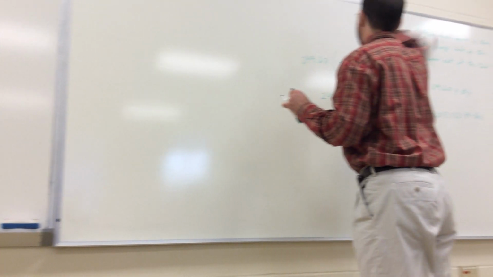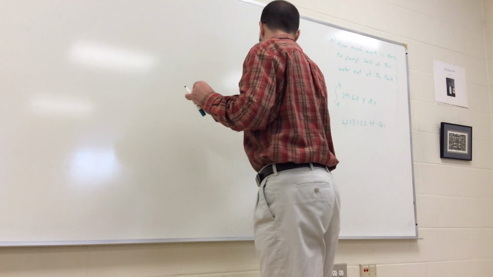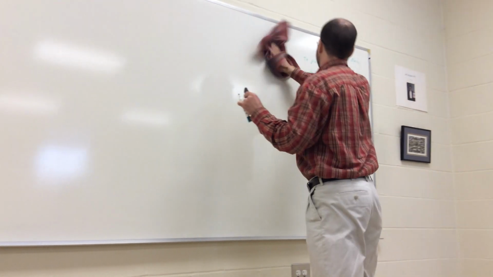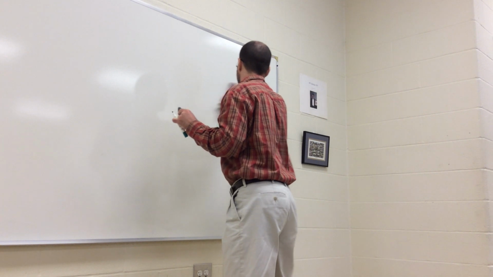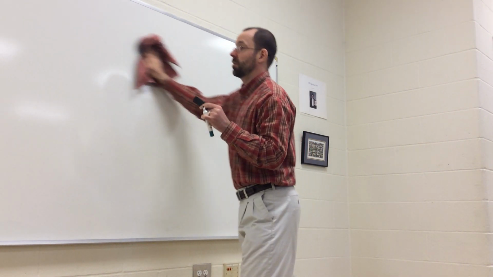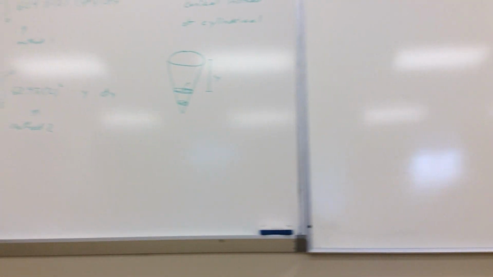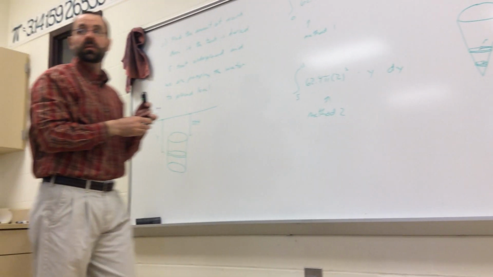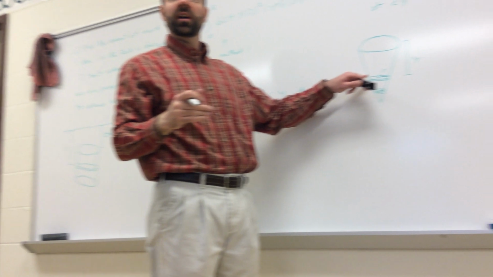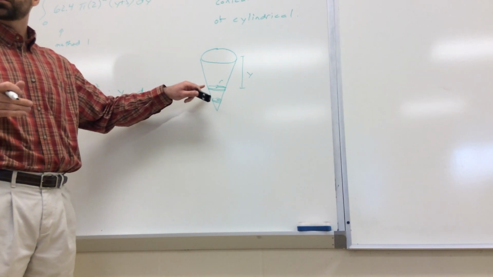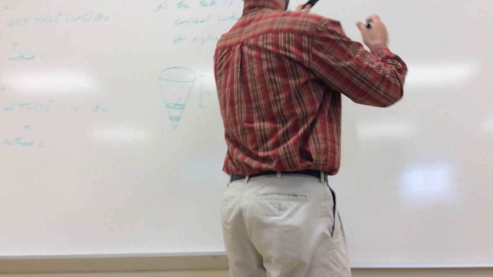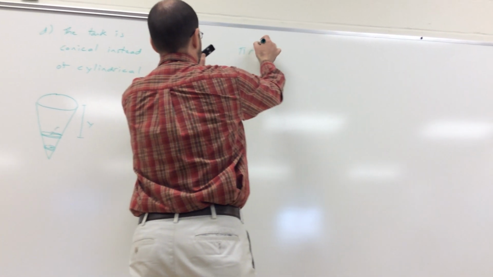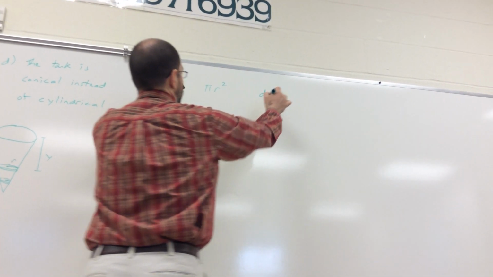Okay, so what's the volume of that bit of water? Just that bit there. Pi r squared dy, right? So the volume of the water is pi r squared dy.